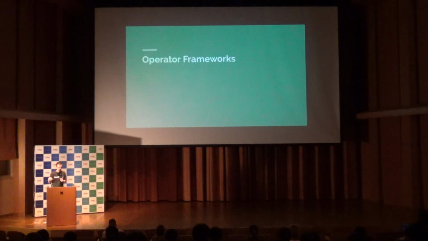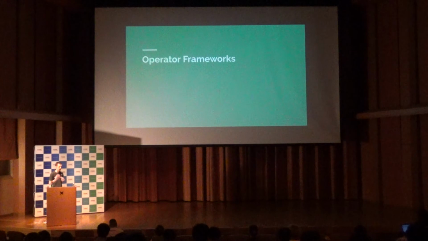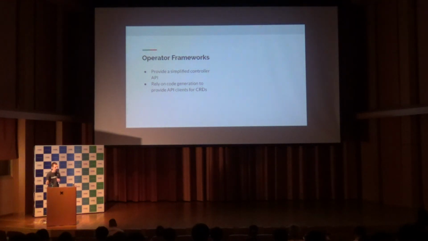That can get a little bit unwieldy, and so there have been a couple of frameworks that have come out that try to make generating and building these projects for controllers and operators more friendly. What these frameworks do is provide a simplified controller API. They provide an even higher level API than the client Go library does.